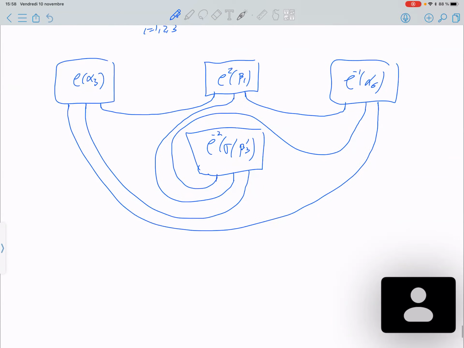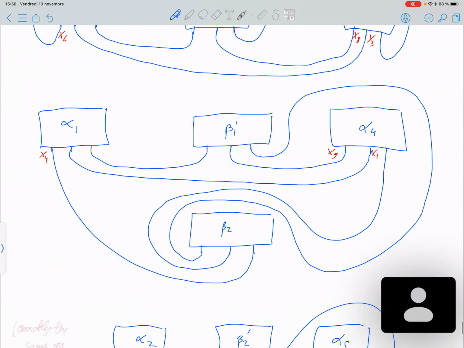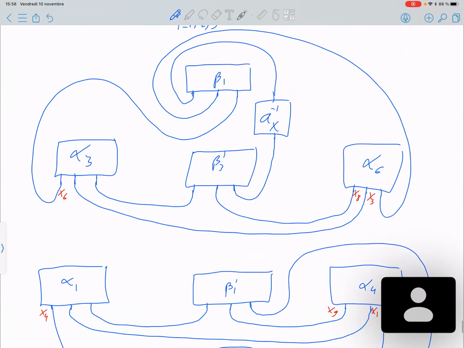So this is the first one here. You have the sigma beta 3 prime coming from moving the pivotal structure. You have that here. And then you need to consider some rho to recover the exact shape. So this is straightforward now.